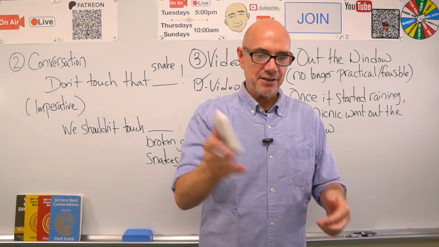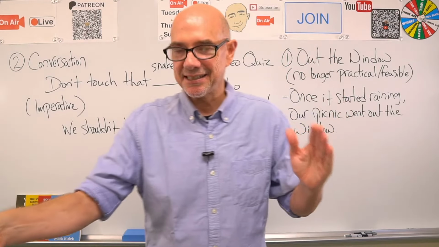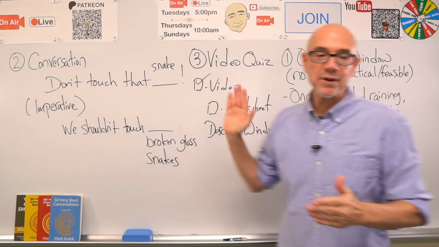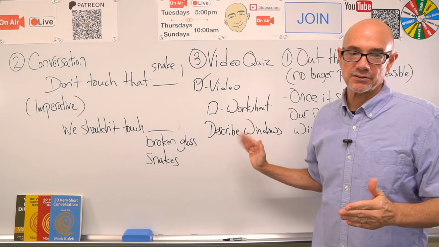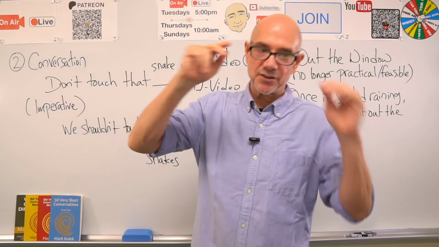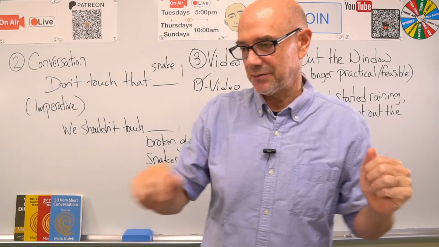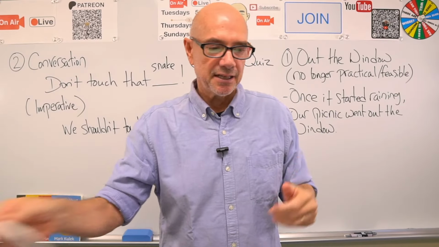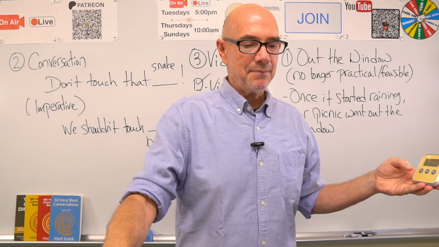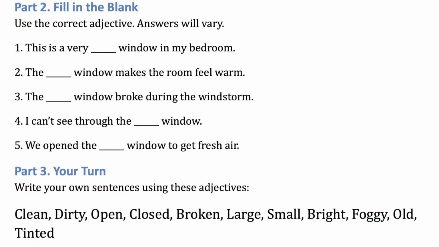Remember, the topic is windows. So your sentences have to be about windows. That's what we're practicing today. We're describing windows. Okay, so let's do it. Let's make sentences in 5 minutes. Ready, go.